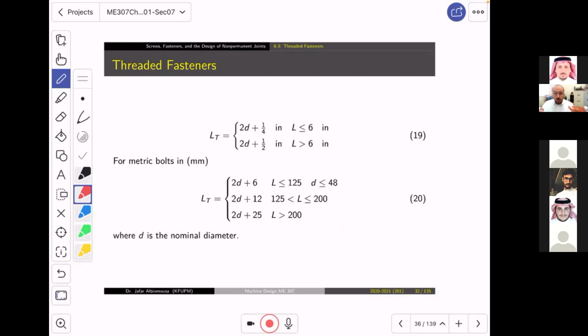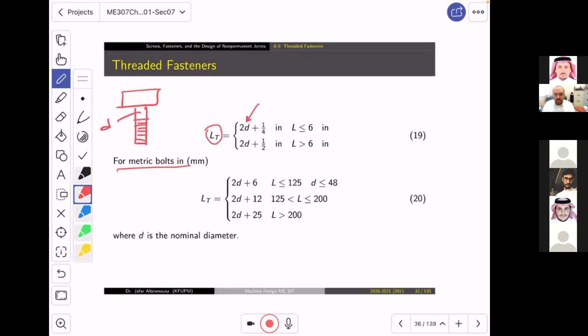Okay. So the length of the threaded part is not made at random. There are governing relations. For a metric bolt, the length of the thread L capital is equal to twice the diameter of the bolt. So the bolt has a head and it has a rod which is threaded.